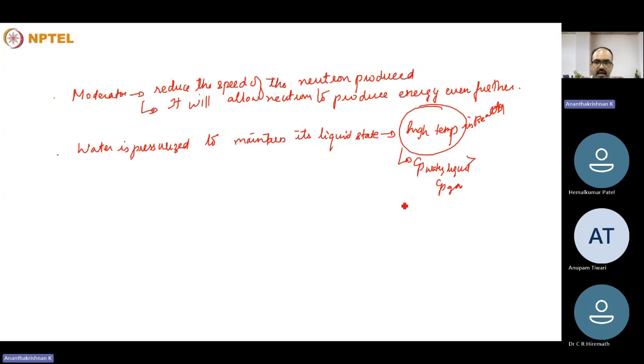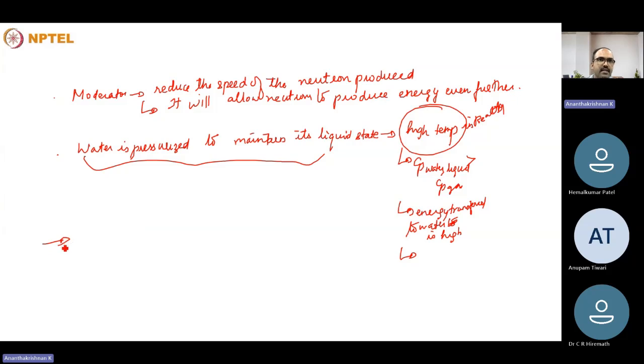So once the Cp is high, the amount of energy that can be stored in the water is also high. So the energy transferred to water can also be high. So this ensures a more efficient heat transfer process. So that's why water is pressurized in a pressurized water reactor.